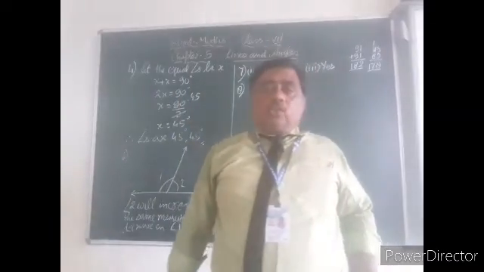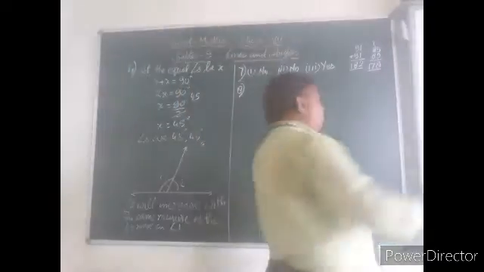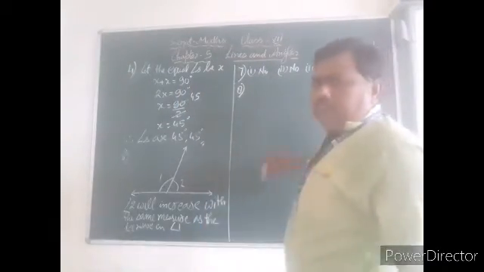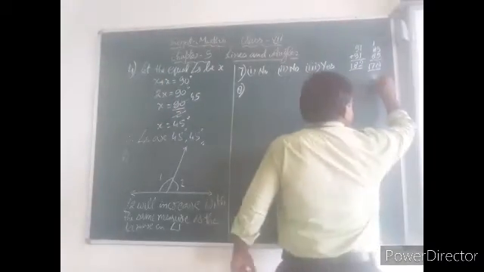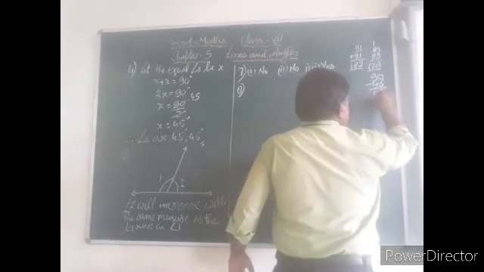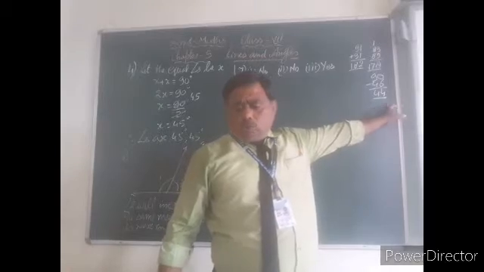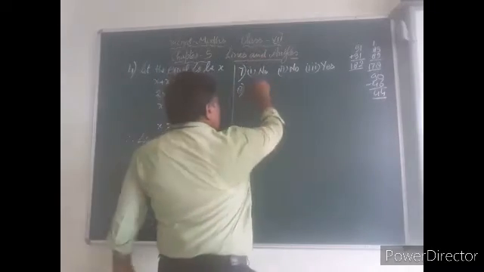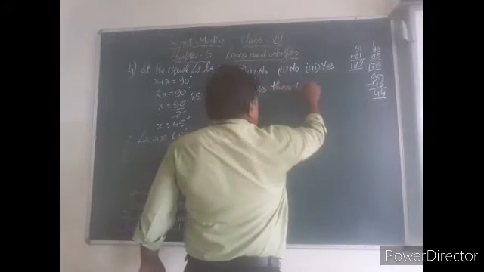Therefore, the other angle should be less than 45 degree. Suppose 46 degree, greater than 45. So 90 minus 46 is 44. That is less than 45 degree. So the answer to question number 8 is less than 45.